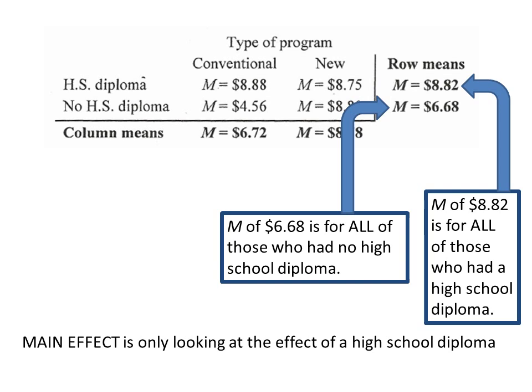Now, this also is a main effect. Remember, a main effect is temporarily ignoring one of the characteristics. So we are temporarily ignoring the type of the training program. In other words, regardless of the type of program, those with a high school diploma earn more.